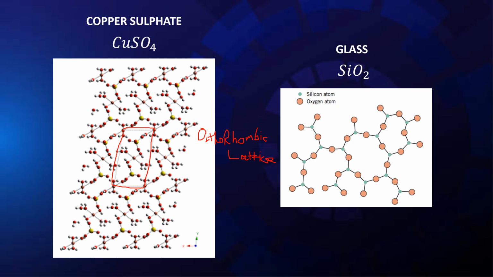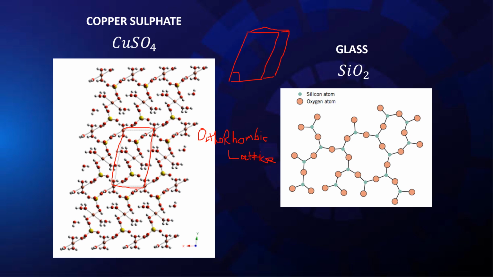In two dimensions it will be like this, but if we go to three dimensions, it would be like this. The angles would be 90 degrees between the edges, but one of the angles would be greater than 90 degrees. So this is an orthorhombic lattice.